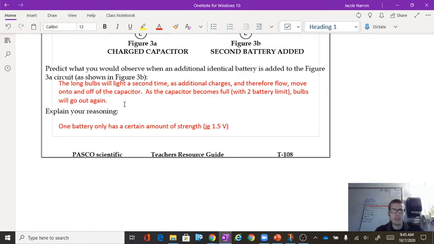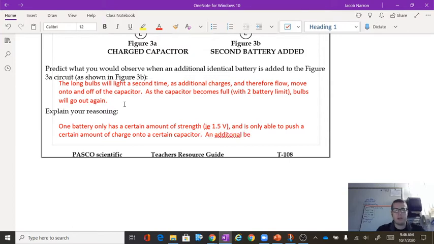So one battery only has a certain amount of strength and is only able to push a certain amount of charge onto a certain capacitor. Let's put it that way. An additional battery can push additional charges.